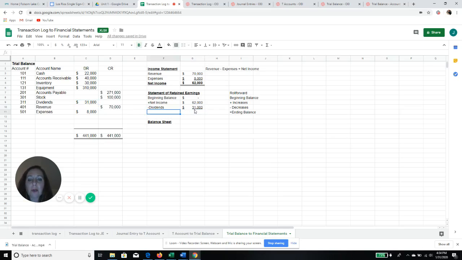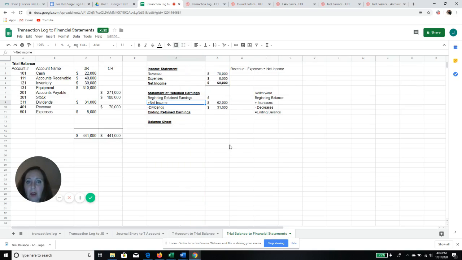My beginning balance of 0 plus my net income minus my dividends will give me my ending retained earnings. All right, let's just move this so we have room to see the whole thing. And 0 plus 62,000 minus 31,000 is going to equal 31,000. And that is our ending retained earnings, 31,000, and we're going to give it the double underline.